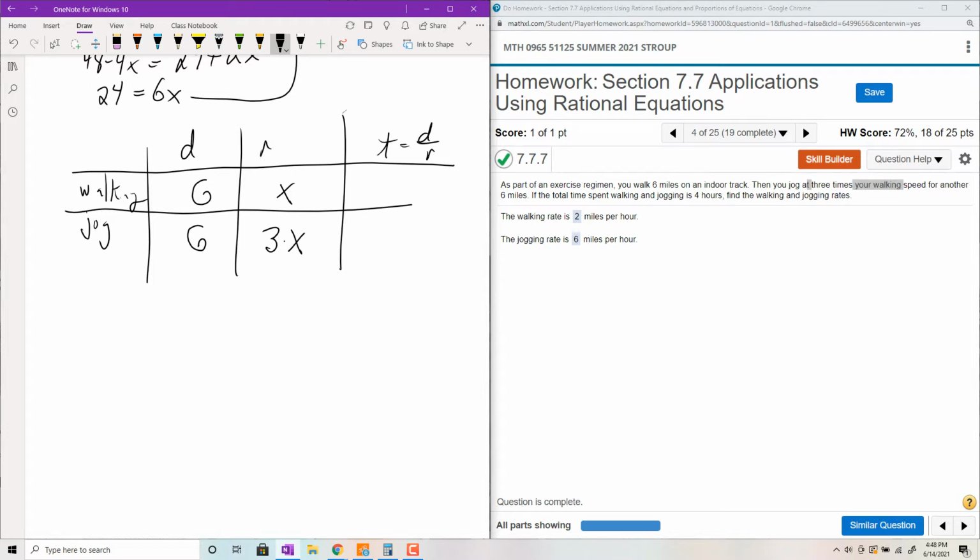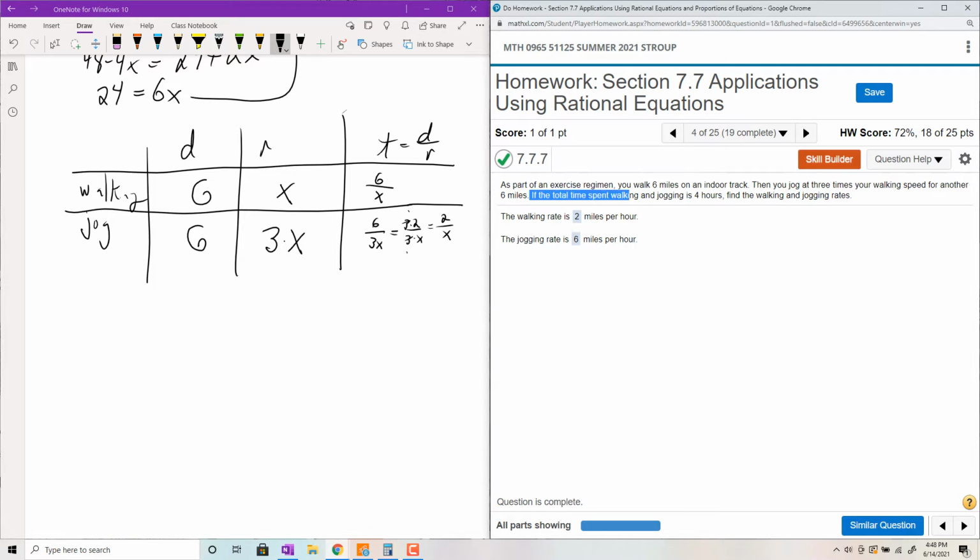Okay, and then you automatically get your time expressions. We could simplify the second expression, 6 over 3x. You could factor and then simplify if you wish. You can remove the 3's, just get 2 over x. Okay, then we want to set up the equation. For the last 2 problems, all we had to do was equate the time, and this problem is different though.